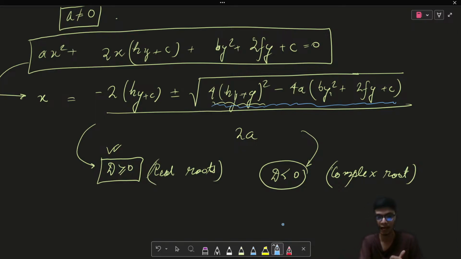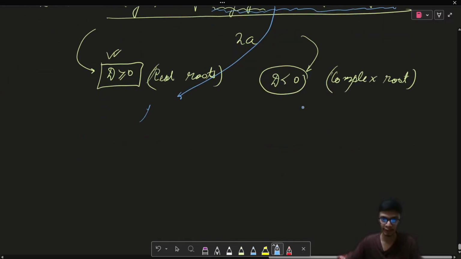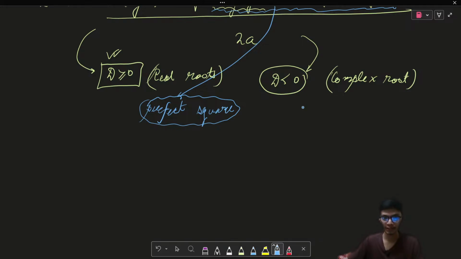So let us try to see how I can make this blue term a perfect square, in order to factorize it as two linear factors. Let us see when it will become a perfect square.